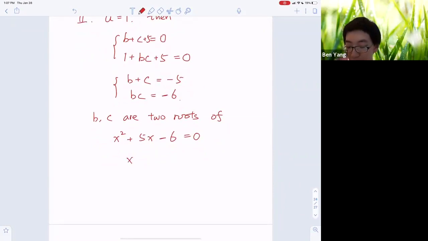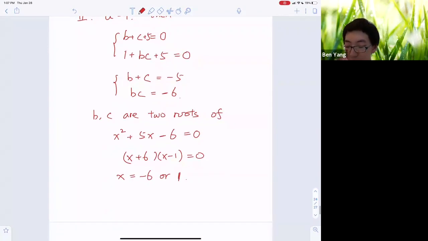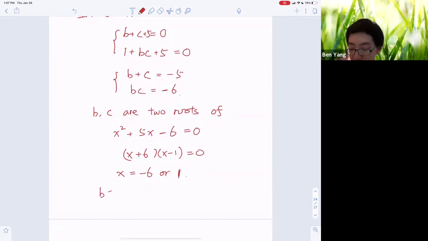So we have x plus 6 times x minus 1 equal to 0. So the two roots are x equal to negative 6 or x equal to 1. So we have B is equal to negative 6, C is equal to 1, or B is equal to 1, C is equal to negative 6.